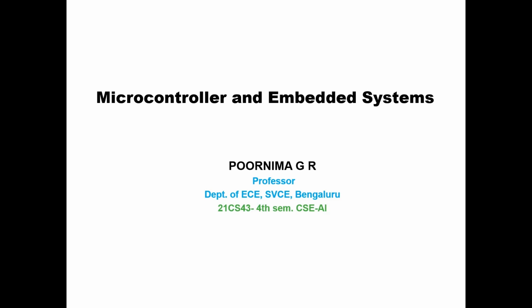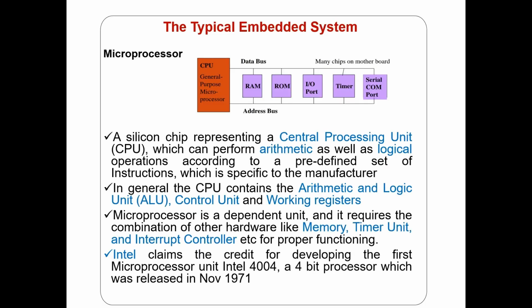In the last lecture, we discussed how the embedded system is defined and what the various functional blocks of these embedded systems are. Moving on to the next topic, that is the embedded system main core. It may be a microprocessor or a microcontroller.